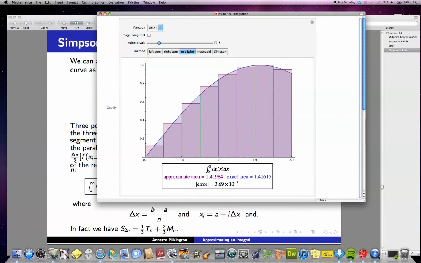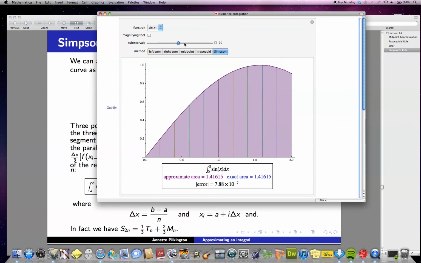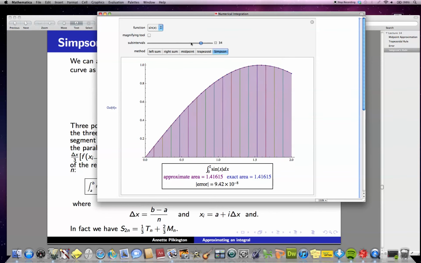Let's see how that compares to our midpoint rule. So in this case, Simpson's rule beats the midpoint rule. The error is actually larger with the midpoint rule, and we'll probably see that both of those beat the trapezoidal rule. So Simpson's rule in this case is more accurate than the midpoint rule, and of course as n tends to infinity it should get closer and closer to the actual value of the integral.